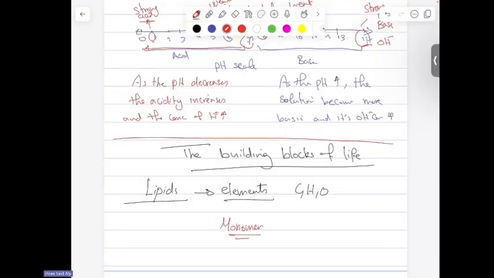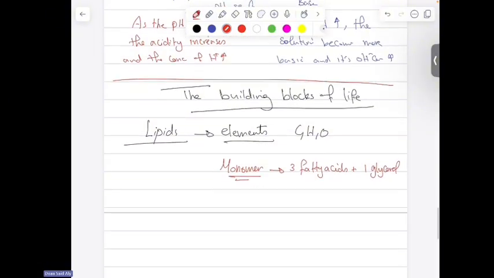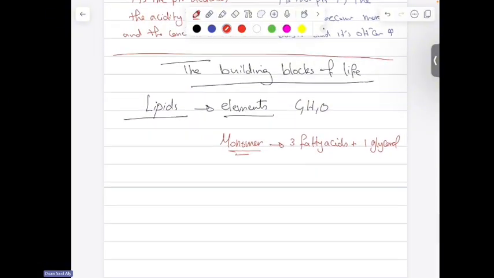Each lipid is made up of 3 fatty acids and 1 glycerol. Let's draw it.